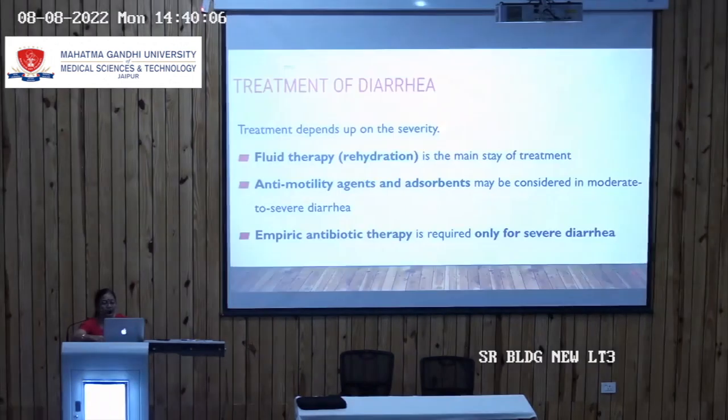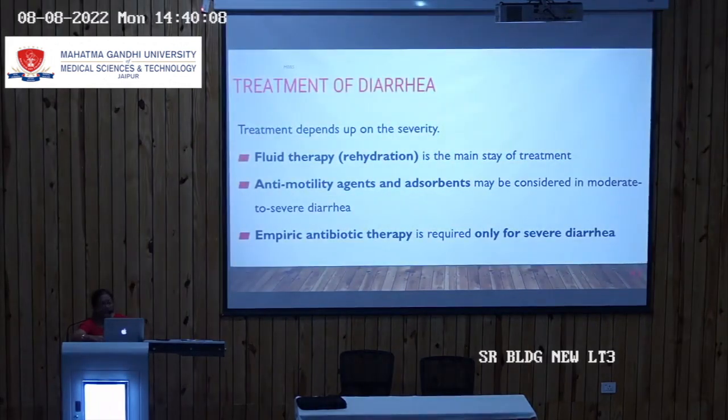Then the treatment depends on the severity of the diarrhea. Fluid therapy is the mainstay. Generally, if a person is suffering with diarrhea, there is no need to give antibiotics immediately. Generally, the diarrhea is self-limiting, but you have to keep a watch on the hydration of the person. He should not get dehydrated.